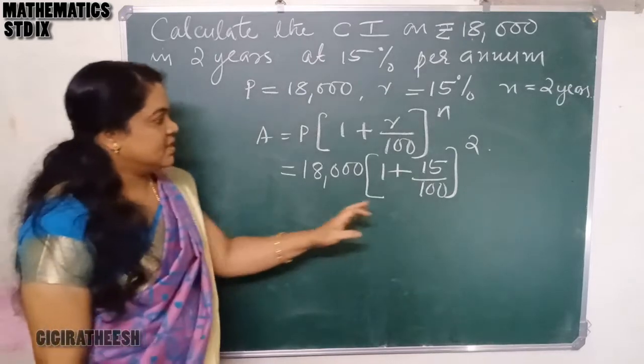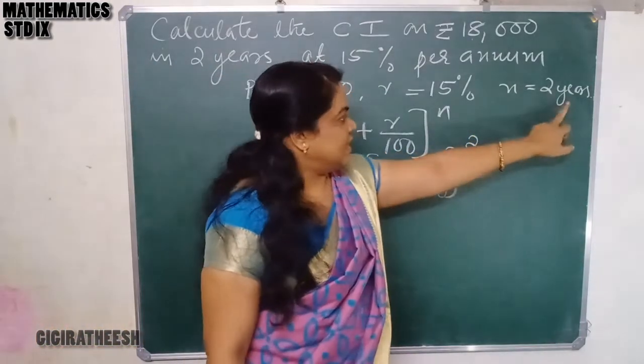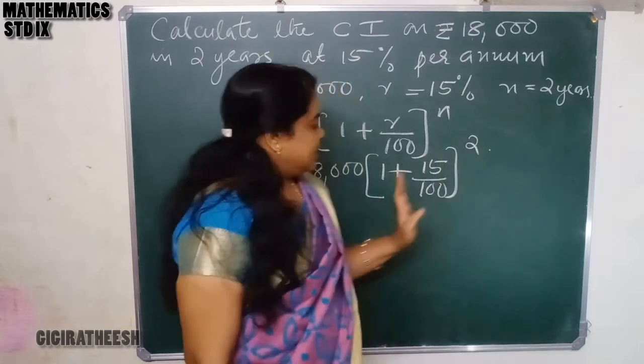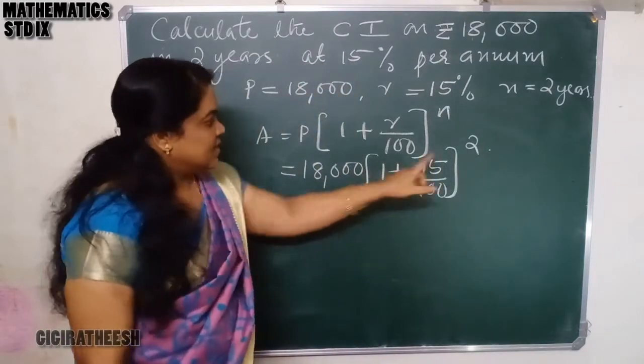In the previous lesson N was in months; here we take N in years, equal to 2.